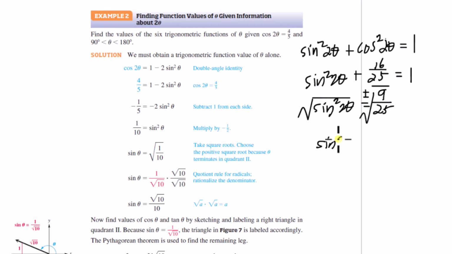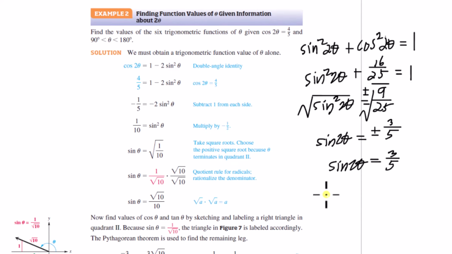Sine of 2 theta is equal to plus or minus 3/5. But sine of 2 theta is in the second quadrant. We know that sine is positive in the second quadrant, so this is going to be 3/5.